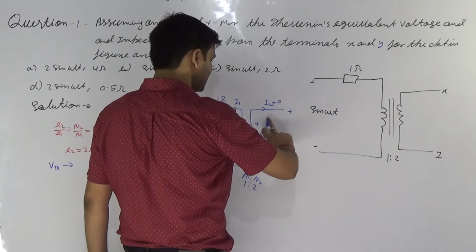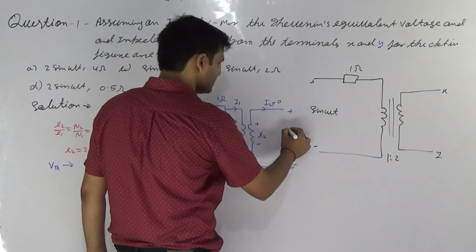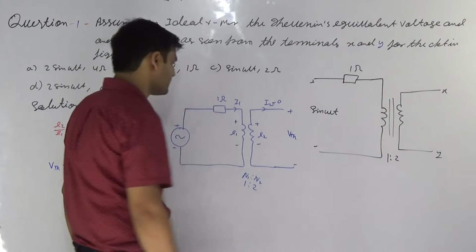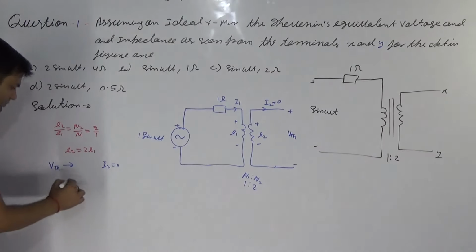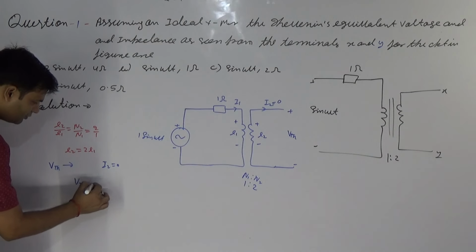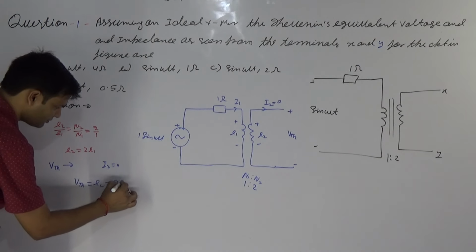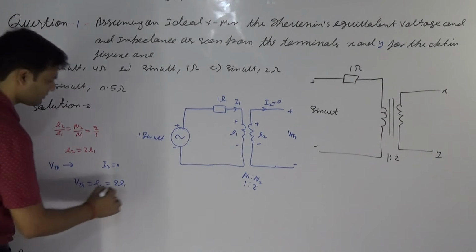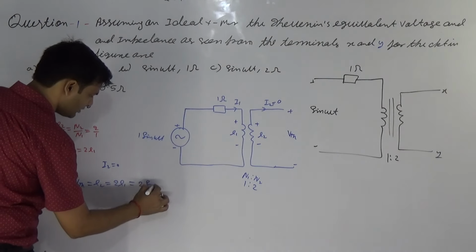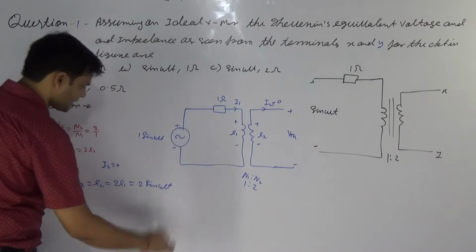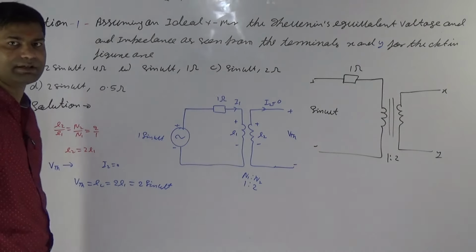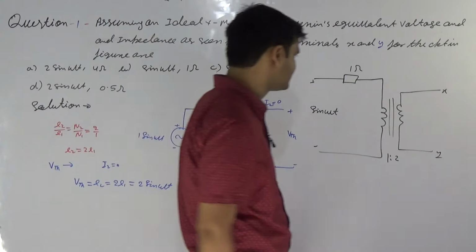This voltage is VTH. VTH will equal E2. E2 will equal 2 E1. E1 will equal sine of omega t, so this is 2 sine omega t, VTH.